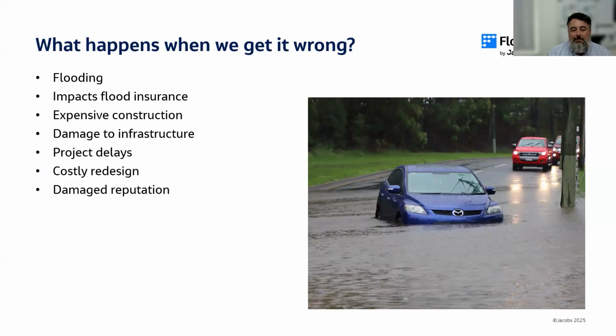But we can end up getting inundation in places that we didn't expect it, or in places where we told people that it wouldn't be, or we put something in the floodplain that makes the existing situation worse. That's very obvious. That impacts on people's flood insurance. And it can also make construction very expensive in the future around those areas that become problem areas.